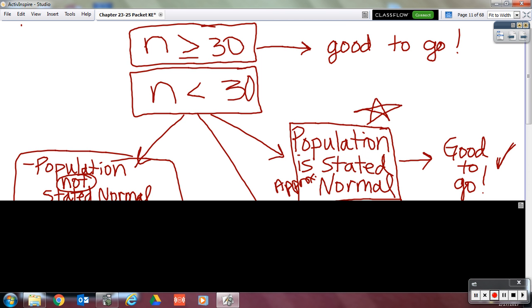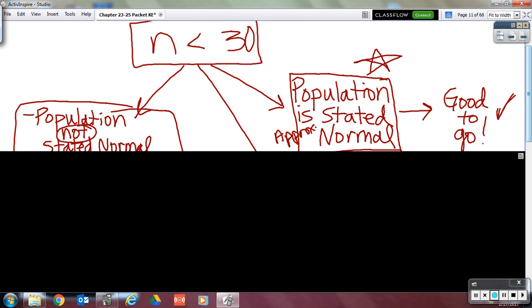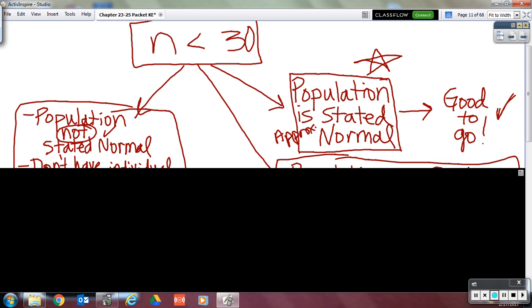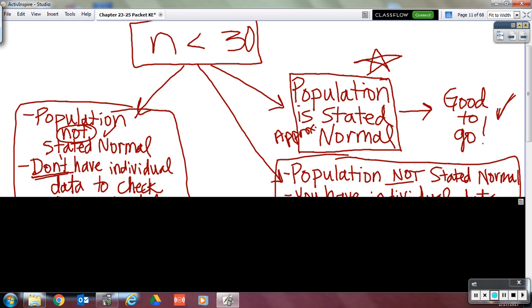All right, but sometimes we're not so lucky. Sometimes it's not large enough, and they don't tell us it's approximately normal, so we have this. The population is not stated to be normal. Okay, then here's the next thing that you look for. Do you have individual pieces of data, like a list of all of the pieces of data?